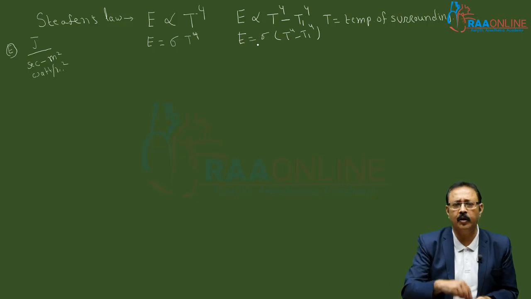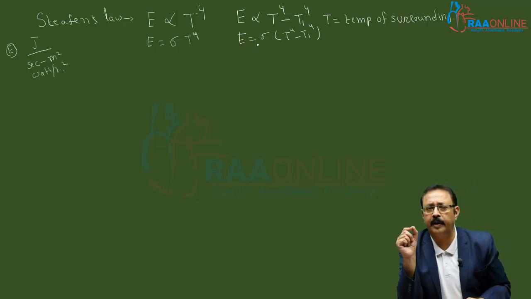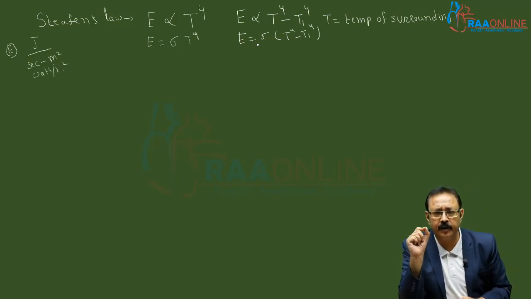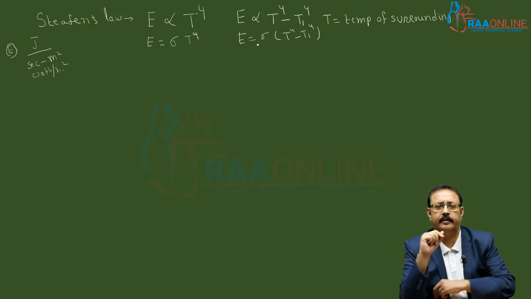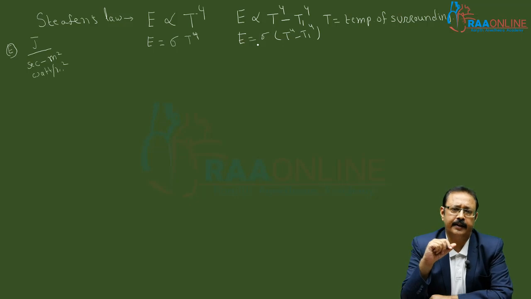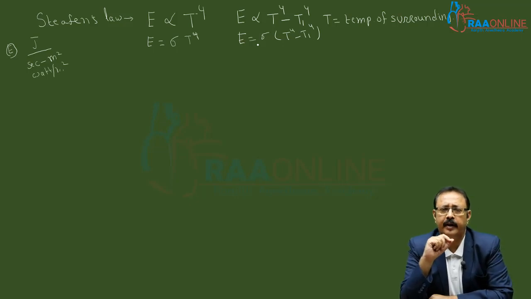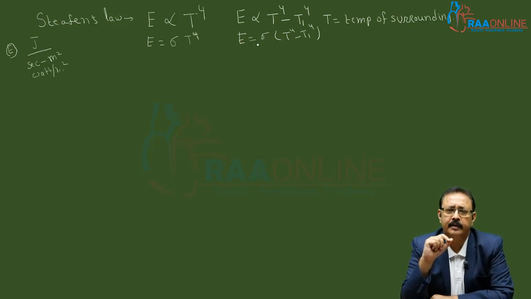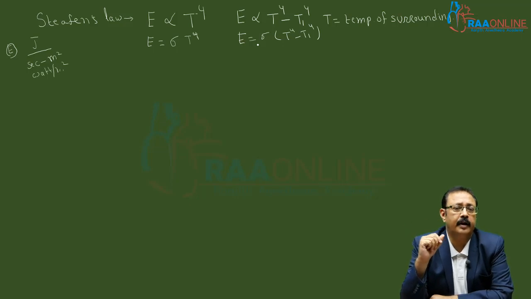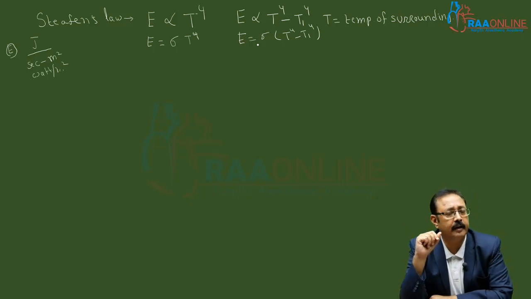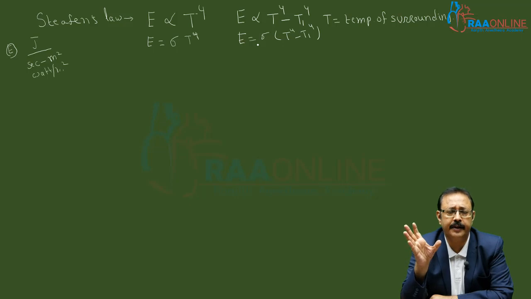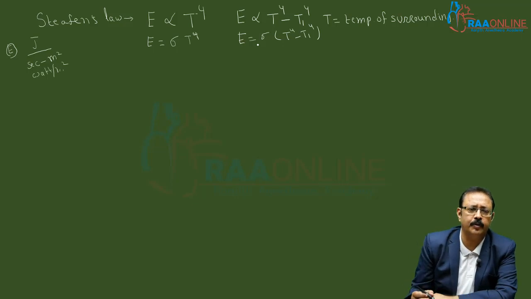But if they are not talking about the atmospheric temperature or the temperature of the surroundings, you have to use this first relation for numericals. They can say, a source is radiating 10 calories per second from per unit area, and its temperature was 27 degrees centigrade.